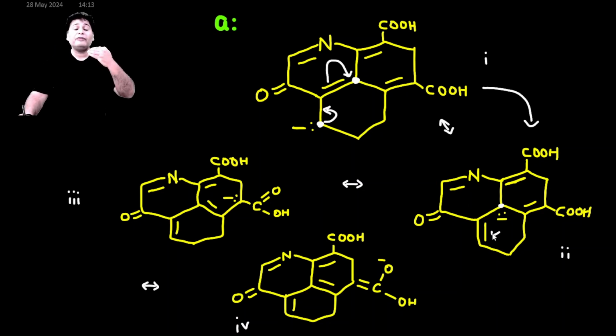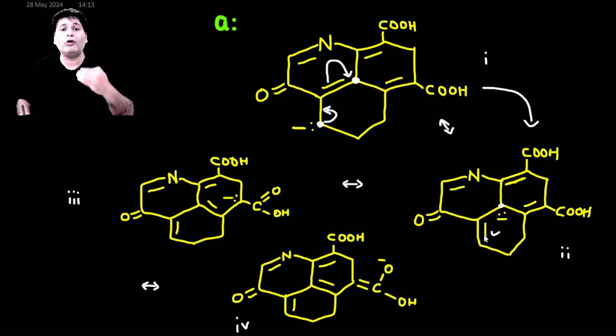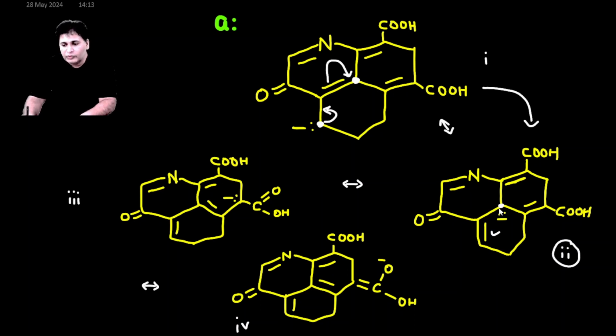Now you have to keep on searching for all those opportunities where this minus charge can be further delocalized, because the more it is delocalized through resonance effect, the higher will be the stability of this anion and the more will be the acidity of the proton which was attached to this carbon. So once you see this carbanion, carbanion number 2, you find that this minus charge is again in conjugation.